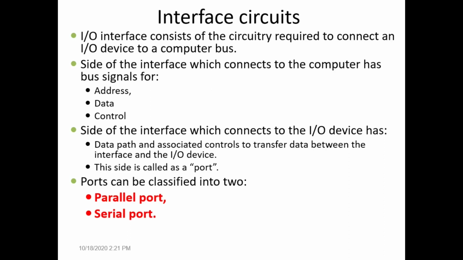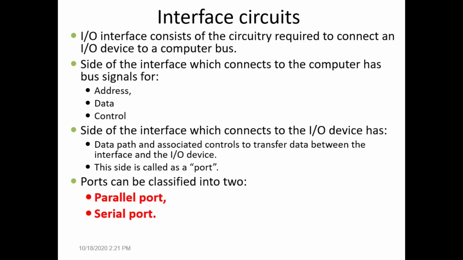So here the processor bus is connected to the I/O interface circuit on one side, and the buses have their own standard, that is, address, data and control lines, so there is no issue. But on the other side of the interface circuit there are ports which are used to connect physical input-output devices, and there are two types of ports, a parallel port and a serial port.